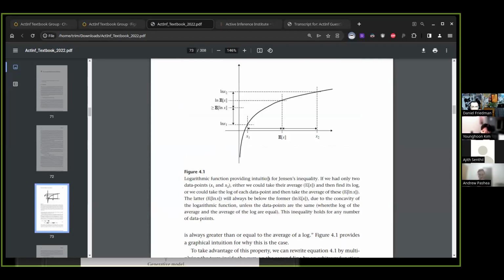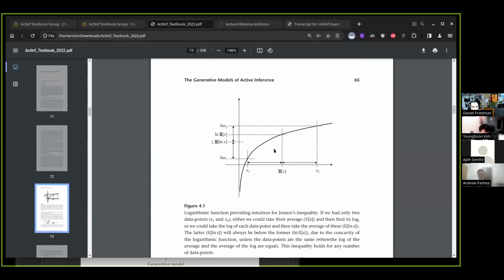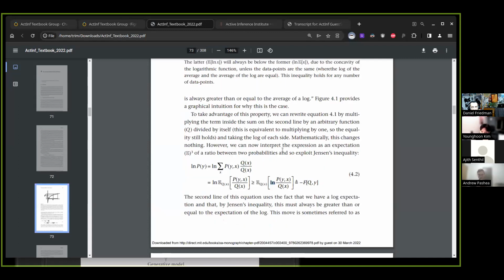So it's like an application of Jensen's inequality for concave down functions in this setting to heuristic bounding of what we would really want to know.